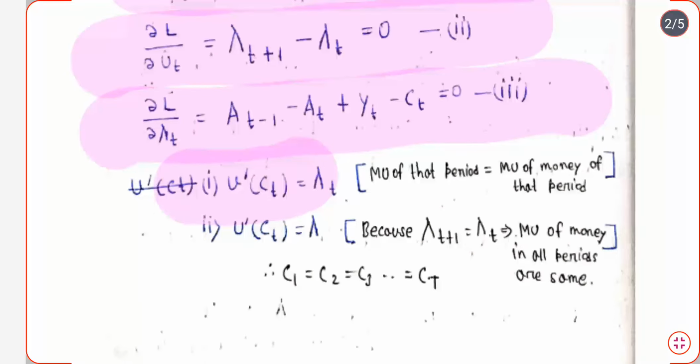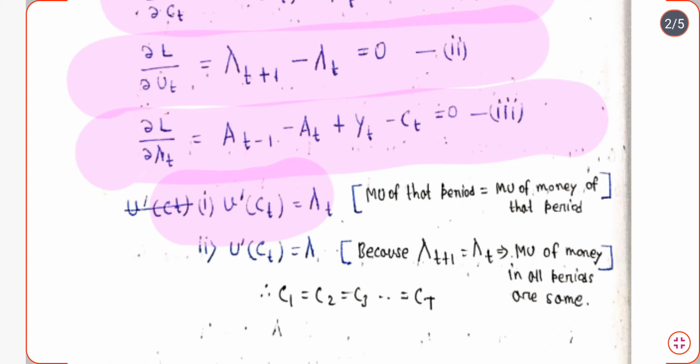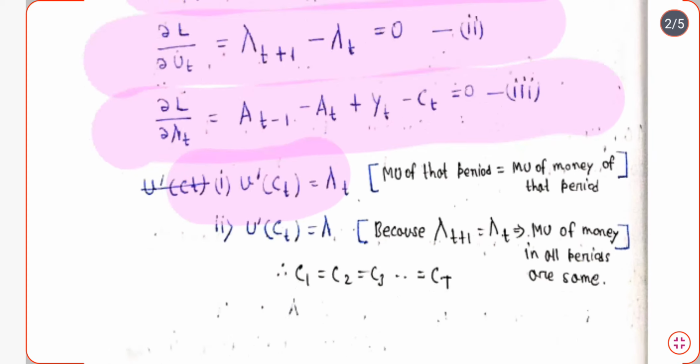How is this happening? Because lambda t plus 1 and lambda t are equal, because marginal utility of money in all the periods is the same. So lambda t, lambda t plus 1 and lambda are all equal. So we have just put lambda in place of lambda t. This gives us U dash CT is equal to lambda. Now consumption in all the periods is the same.